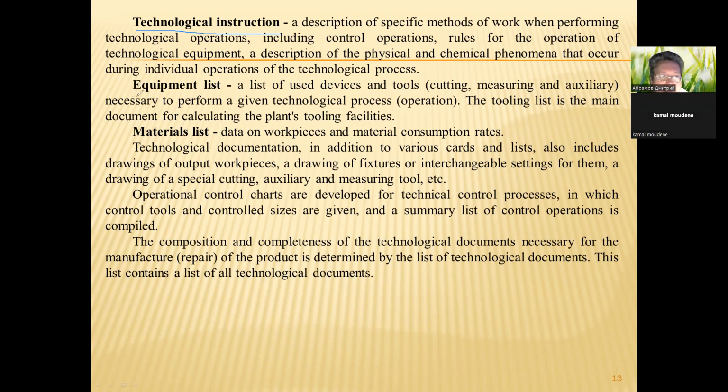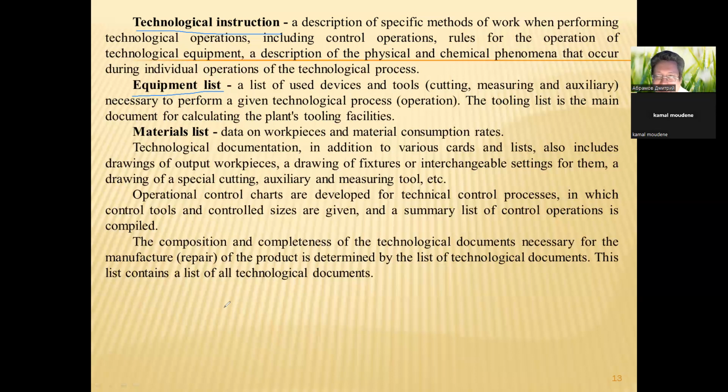Equipment list. Next type of technological documents. A list of used devices and tools, cutting, measuring, and auxiliary, necessary to perform a given technological process or operation.